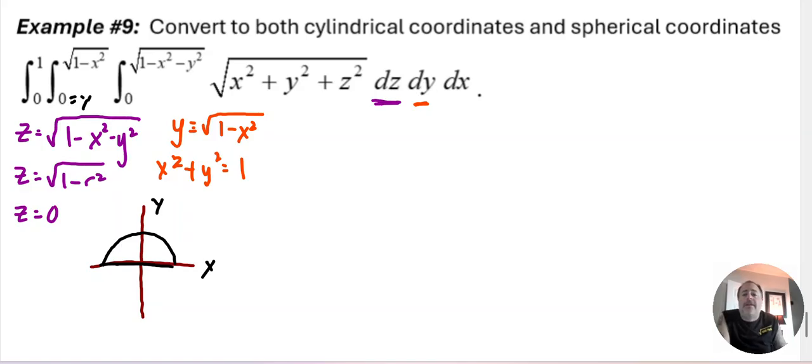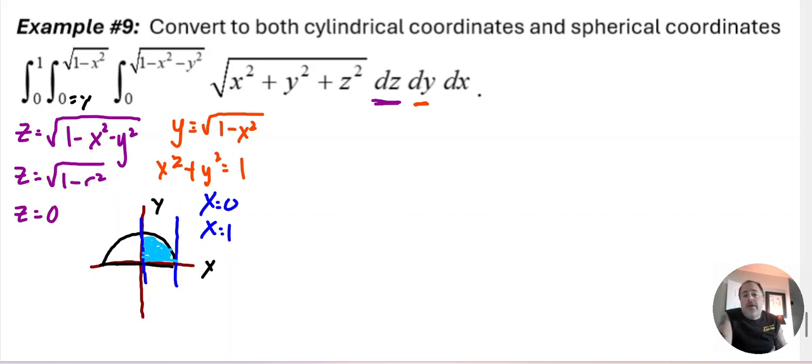And so the last thing we're going to do here is look at the fact that x is equal to 0 and x is equal to 1. So x equals 0 is going to be the y-axis, and x equals 1 is going to give us the equation that we see right here. So what we essentially have is this region right here. This is what we're going to use to find the radius and theta, which is pretty easy for us to do.